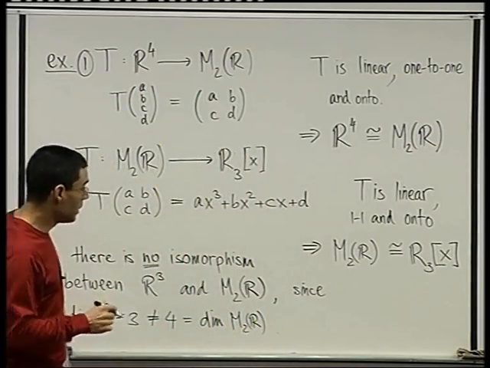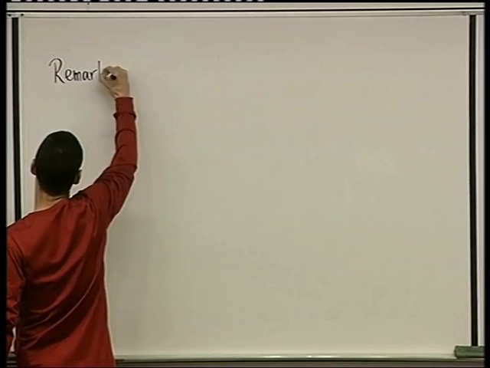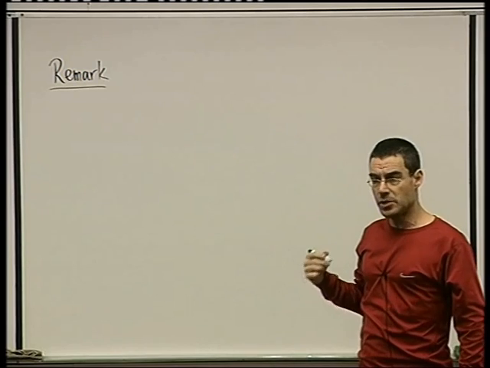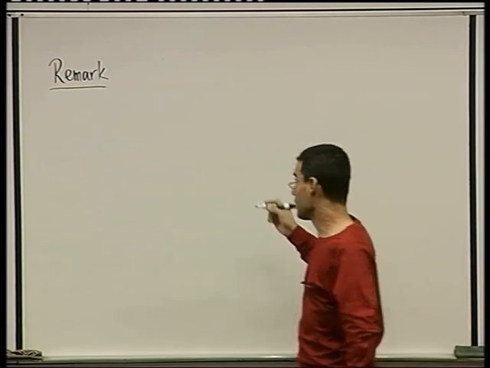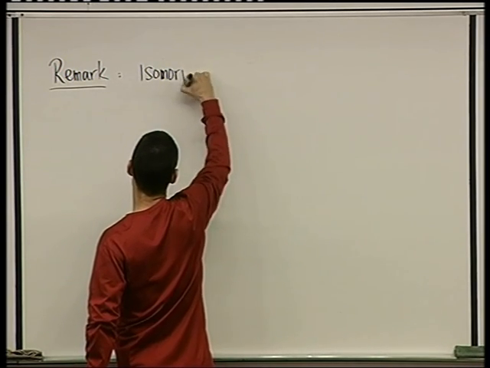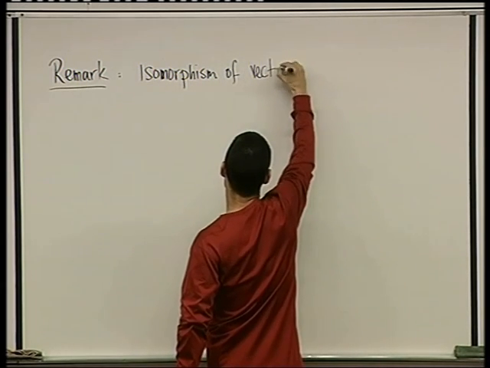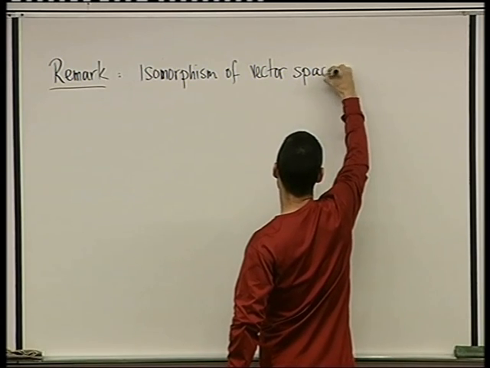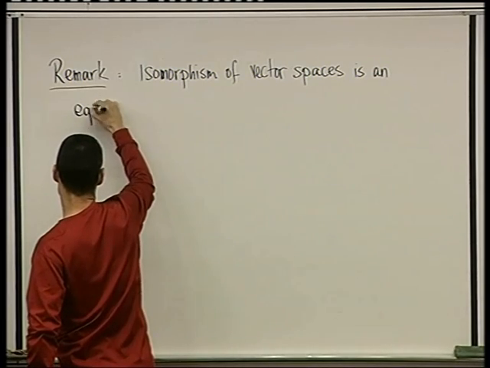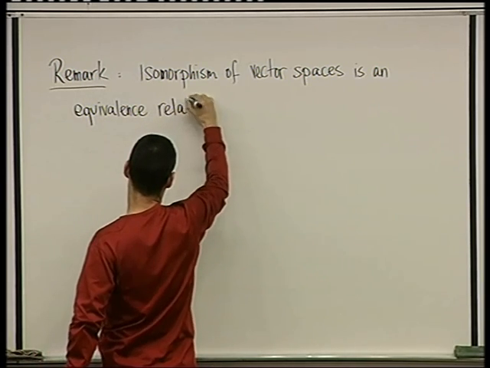I want to make a few remarks. So the first remark, this notion of isomorphism of vector spaces is what we call an equivalence relation. What does that mean?